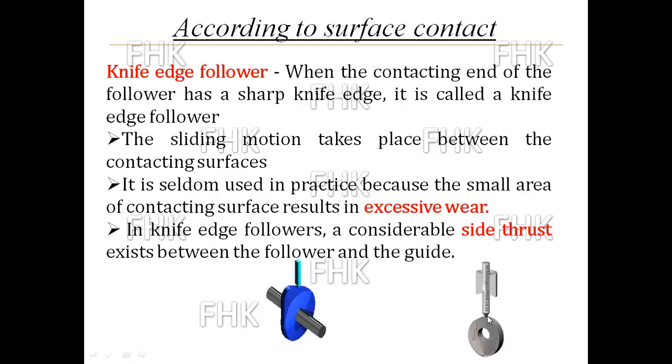So both cam and follower form the higher pair. The sliding motion takes place between the contacting surfaces. It is seldom used in practice because the small area of contacting surface results in excessive wear. In knife edge follower, a considerable side thrust exists between the follower and the guide.